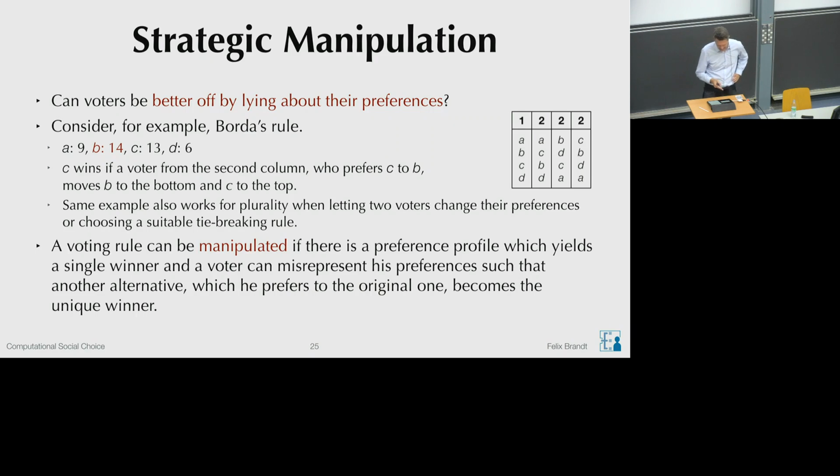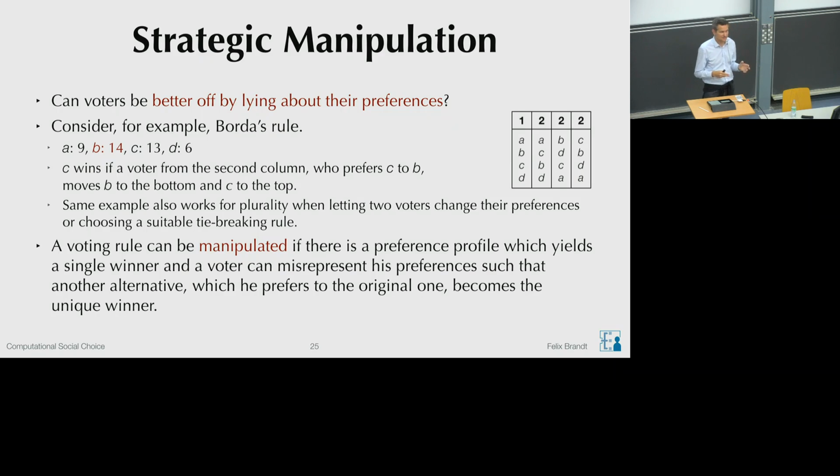Okay, so that is the semi-formal definition of what strategic manipulation is. There's a preference profile which yields a single winner. At this point, we only compare single winners to each other, because once we allow for ties, it's not exactly clear how you can compare sets to each other. Maybe in one preference profile, candidates A, B, and C win, and in another, A and B win, and then it's not clear whether you really prefer this set to the other set.